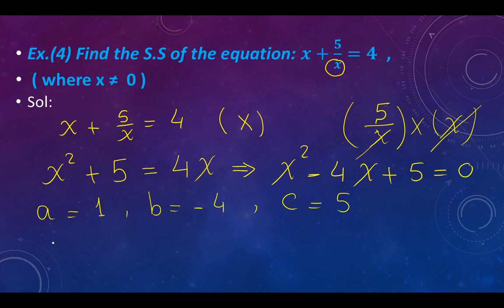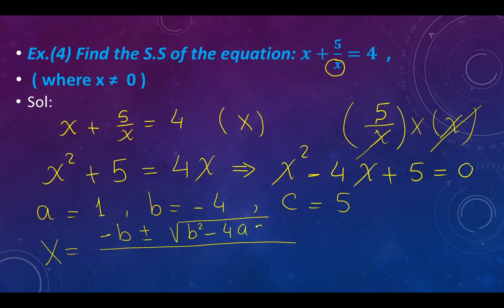Okay, so x equals, let's write the general formula together. First, negative b, positive or negative, square root of b to the power of 2 minus 4ac, over 2a. B equals negative 4, so negative b is negative negative 4.